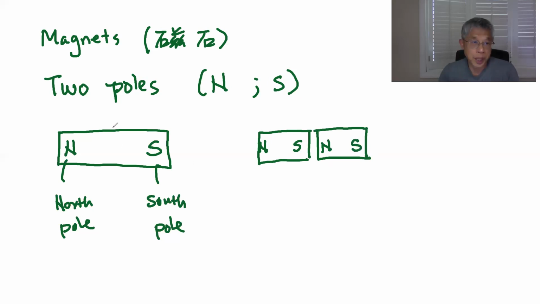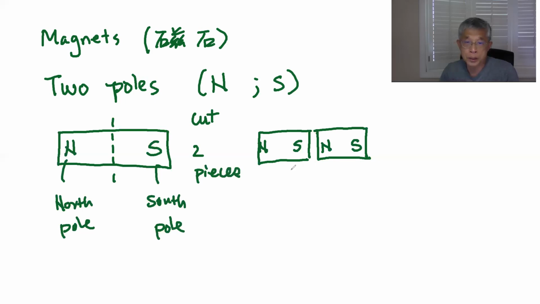So you cut it here, and it doesn't just become a north pole. It automatically will have a south pole there, and this side too would have a north pole there. So you cut it into two pieces in the middle, and it becomes like this.